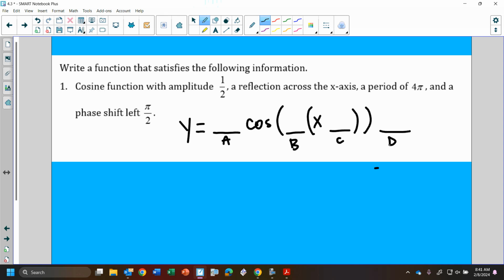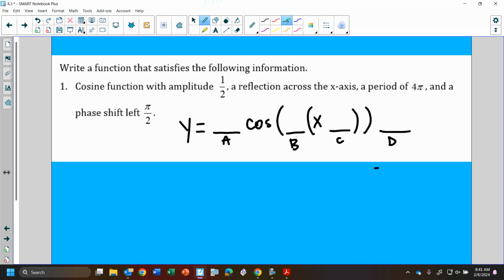Let's do some easy stuff first. Does anybody see something that's easy in the equation? Like A or D stuff, my favorites?